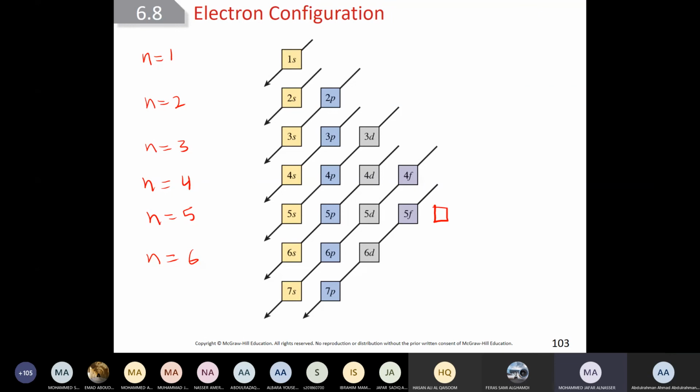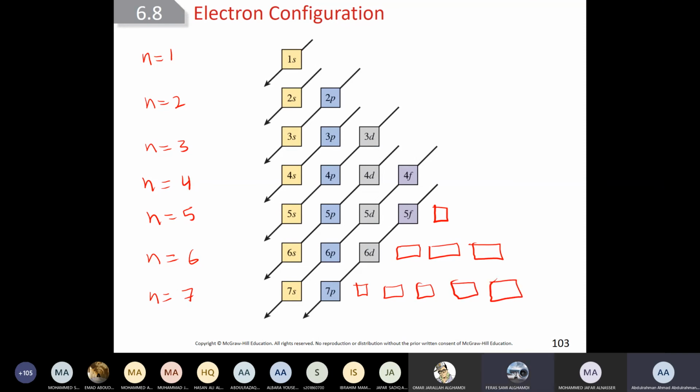When n equals 6, how many boxes do you have? 3 more, but I did not draw them. Why did the author not draw them? Because we are not going to reach them. Is this clear? And when n equals 7, how many do you have? 7: 1, 2, 3, 4, 5, 6, and 7.